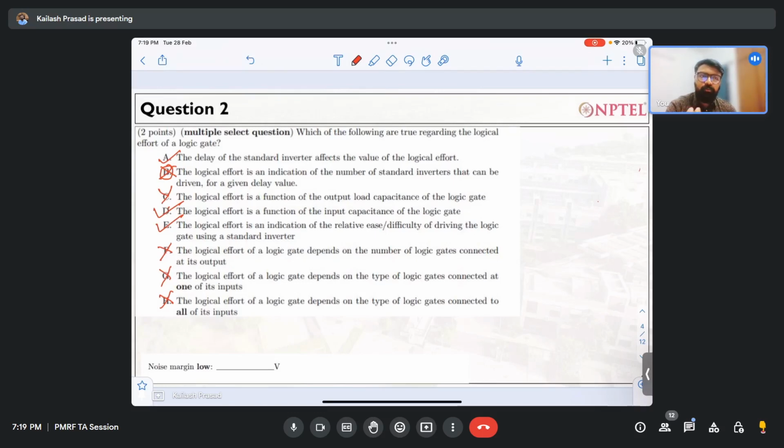Okay, so now what I will do, I will just make a gate and I will quickly ask you to tell me what kind of logical effort this gate will have. So let me make some gate.